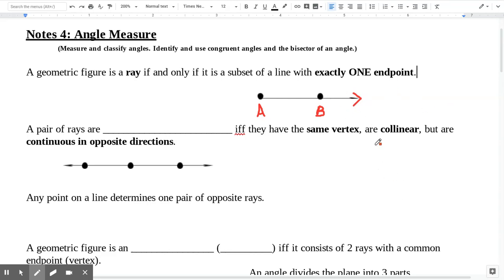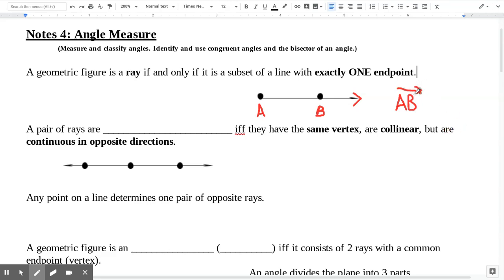So the way that we name this figure is simply by using 2 points on the ray. One of those points has to be your starting point. So in this case, we can call this ray AB, and to show which way the ray is going, we simply draw that figure above and put the arrow in the proper direction.